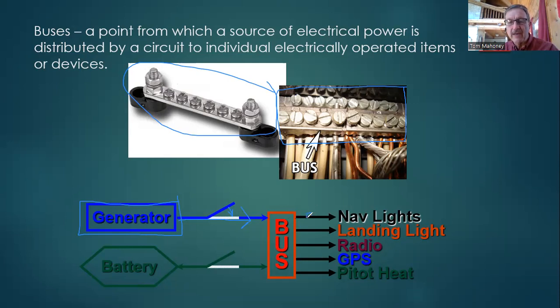On this circuit right here might be a circuit breaker, another one down here for this one, another one over here. It would have its own circuit breakers all the way down, and that's how these circuits are protected, through these circuit breakers. But at any rate, remember that a bus is a point from which a source of electrical power is distributed.